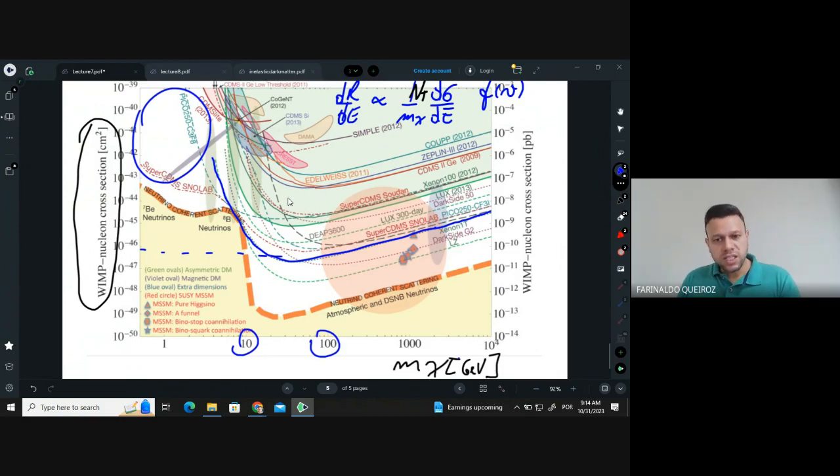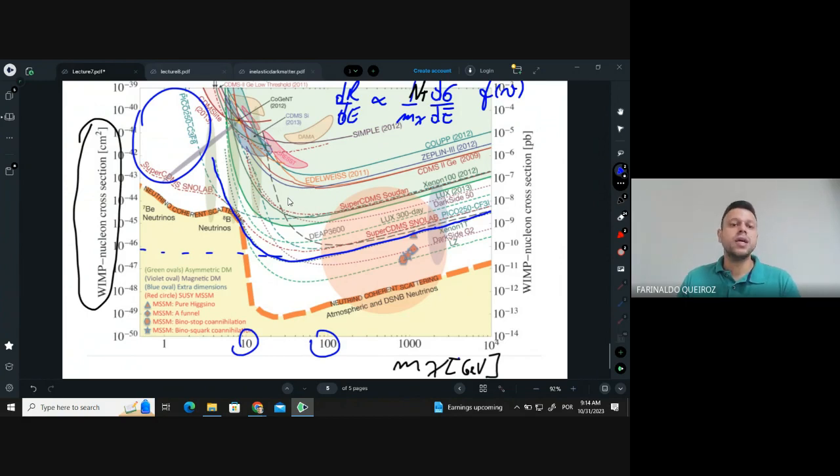And because of this, new techniques are arising now, because they want to cover the whole parameter space. So how can we overcome the energy threshold of direct detection experiments and then cover light dark matter particle masses? How can I cover light dark matter?